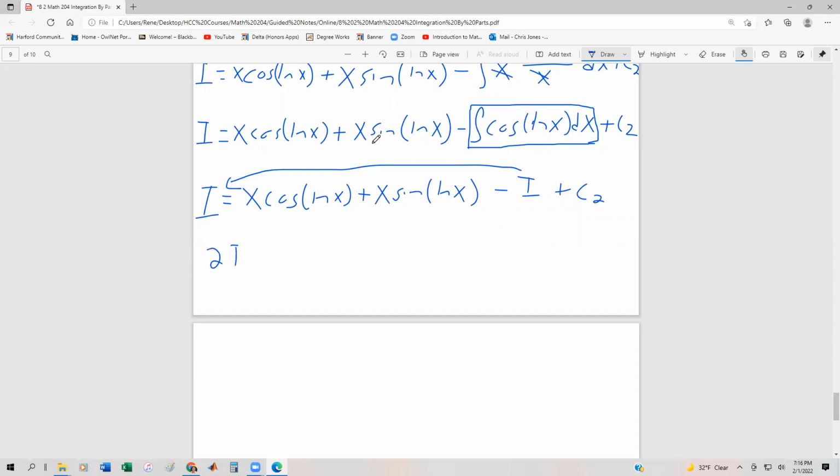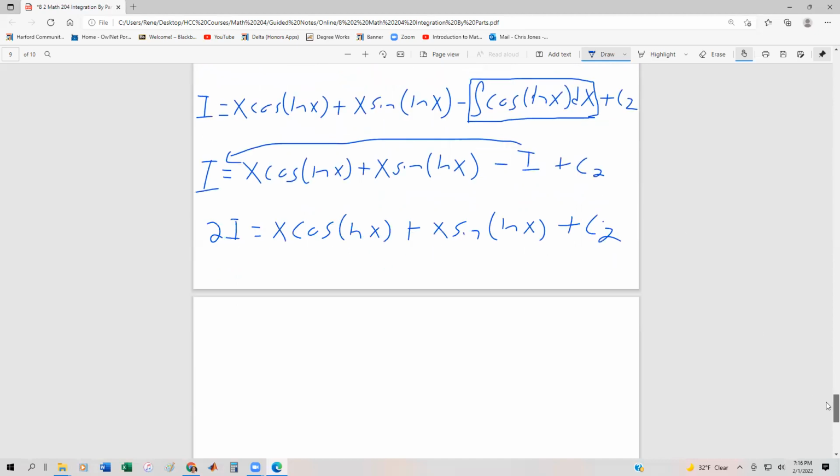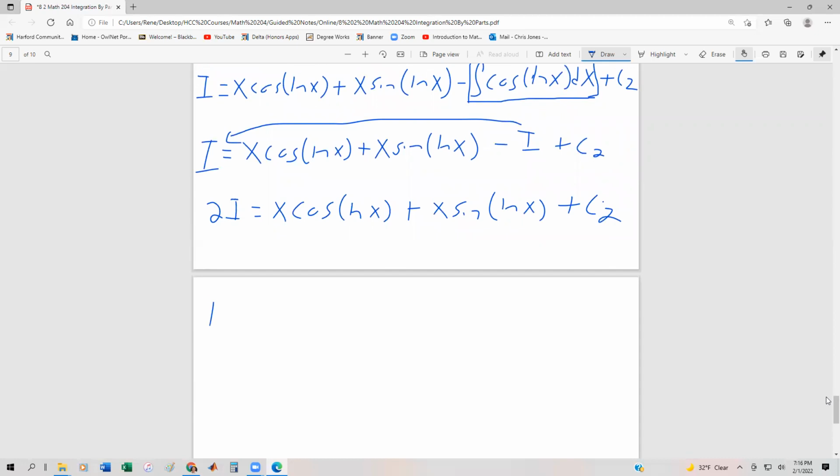So we get 2I equals x cos ln x plus x sine ln x plus C2. And finally, we can divide both sides by 2. One possible answer is that the integral I is going to be equal to x cos ln x divided by 2 plus x sine ln x divided by 2, plus constant c.